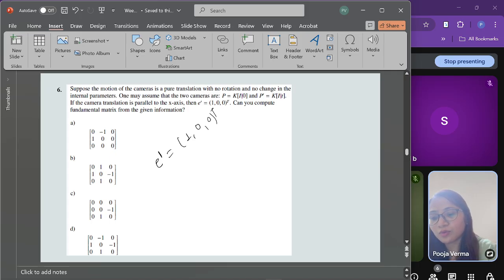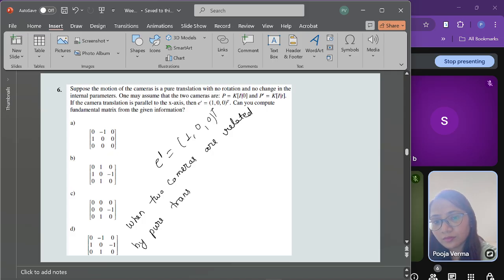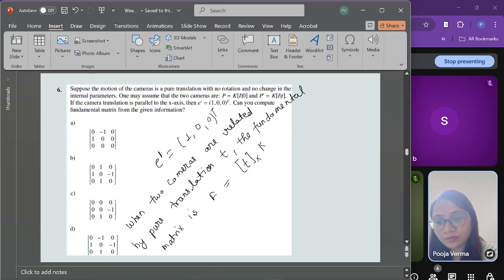So when two cameras are related by a pure translation T, with no rotation, the fundamental matrix can be written as F is equal to [T]x K inverse K dash. So K inverse K dash is this, and you can write it as T dash x.